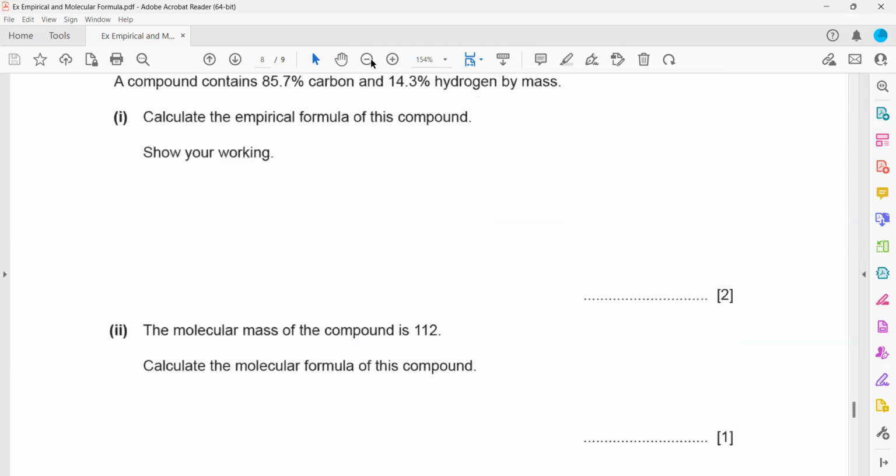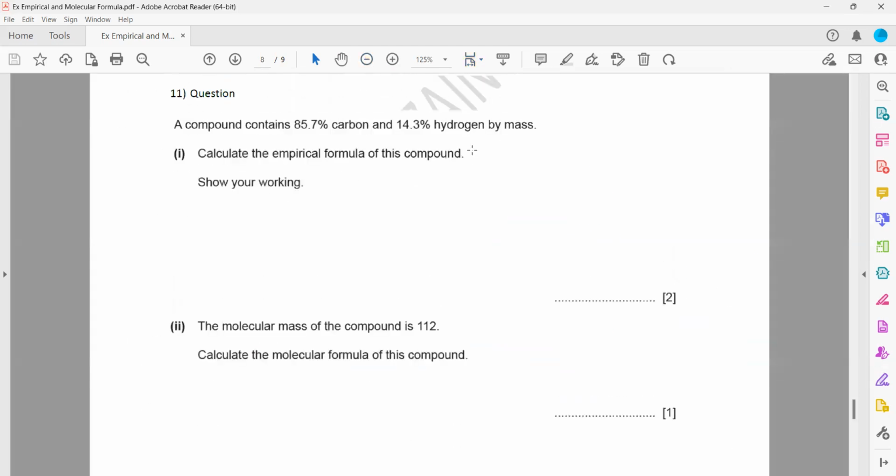Question 11. We have the percentages, so we work out like we have carbon and hydrogen. First, we work out the empirical formula of a compound: 85.7% carbon and 14.3% hydrogen. We divide by atomic mass. So this will be 12, this will be 1. 85.7 divided by 12 is 7.14, and this will remain 14.3.